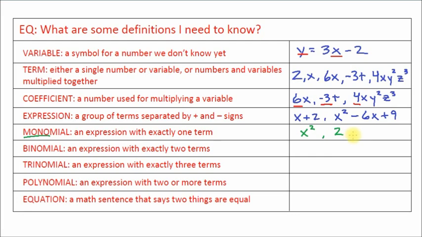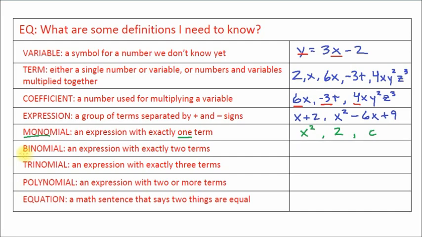And we could also have just a variable. We could just say c. C is a monomial. These are all monomials. They are expressions with only one term.